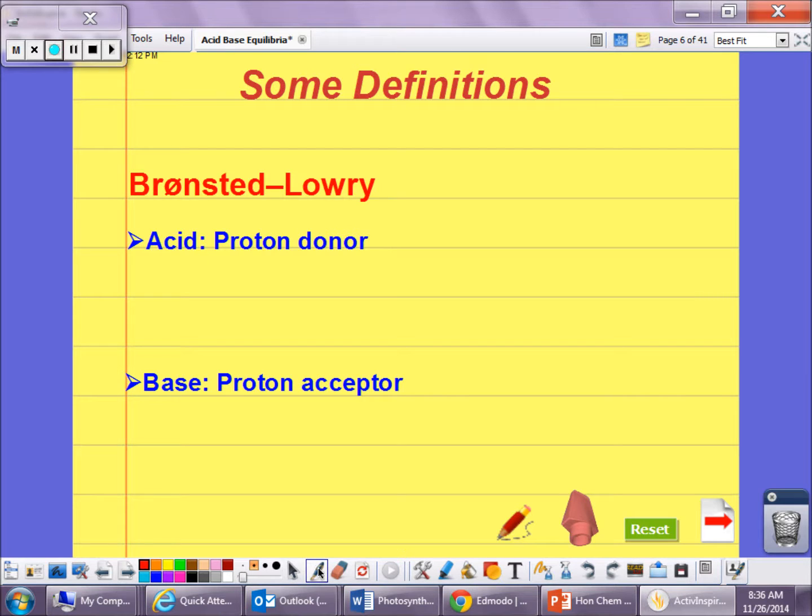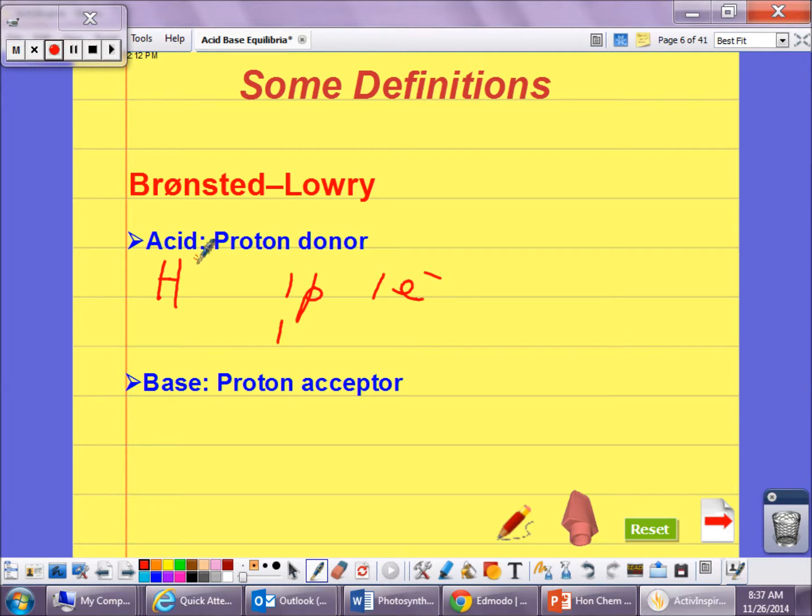Let me show you, when we talk about a proton in the chapter, we really mean a hydrogen ion, because as you know from the periodic table, hydrogen has 1 proton, depending on the isotope, and then 1 electron.